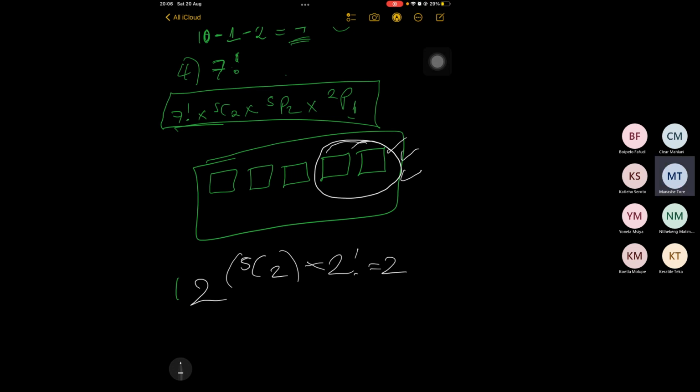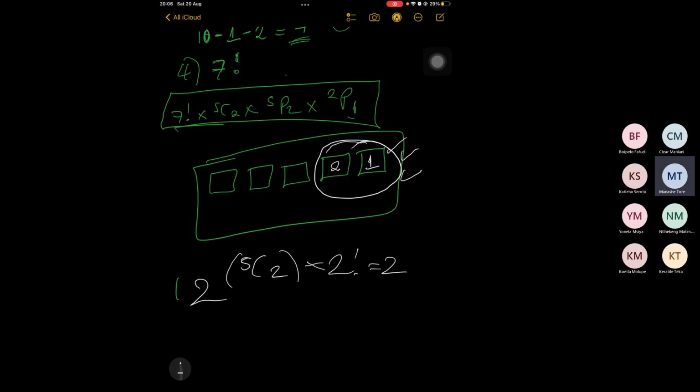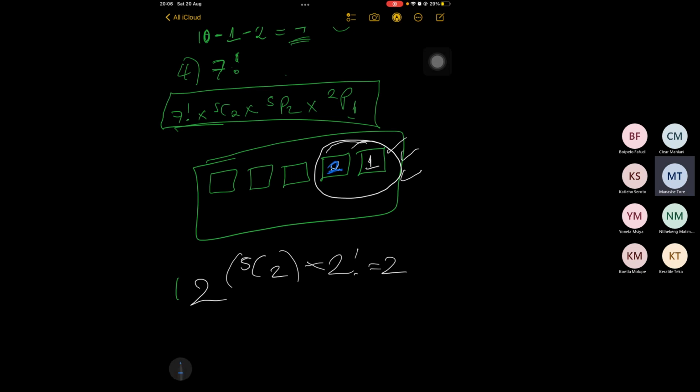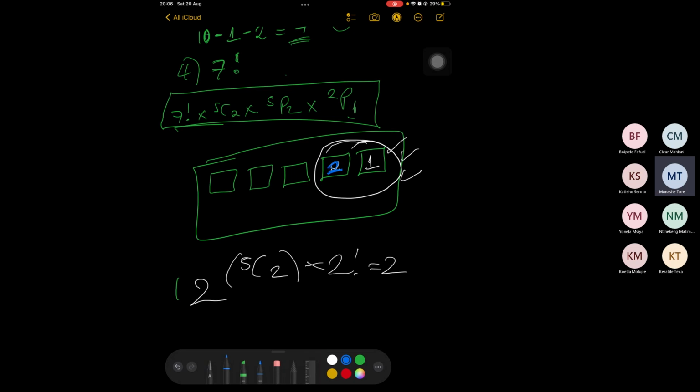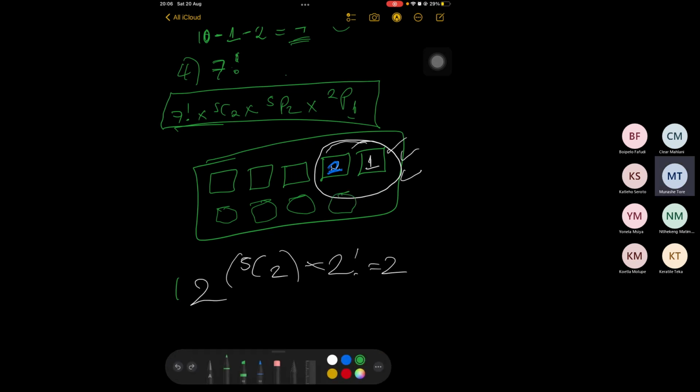Let's assume this is VW1 and this is VW2. But in another scenario, it might be positions 3, 4, 5. We are also choosing the last 2 positions.